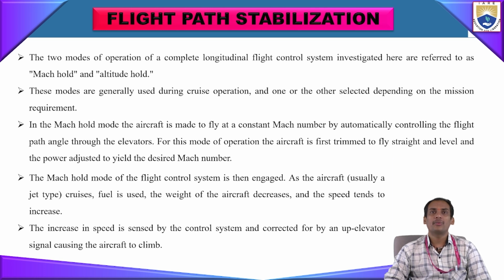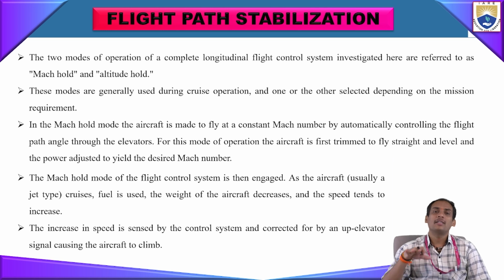In the Mach hold, the aircraft is made to fly at a constant Mach number by automatically controlling the flight path angle through the elevators only, because the angle given to the elevators produces the pitching angle.